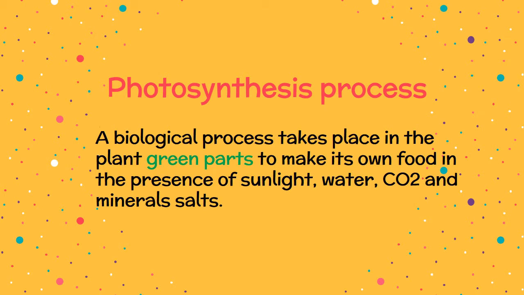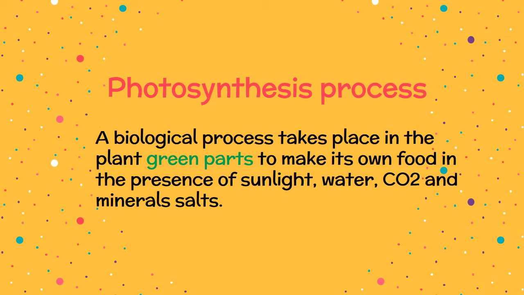So photosynthesis process is a biological process that takes place in the green parts or leaves to make its own food, which is the sugar or starch, in the presence of sunlight, water, carbon dioxide, and mineral salts.